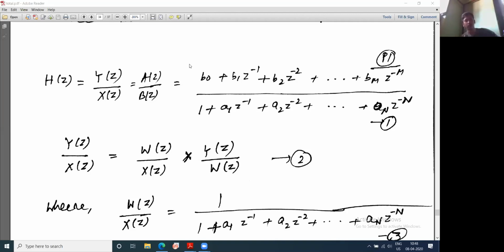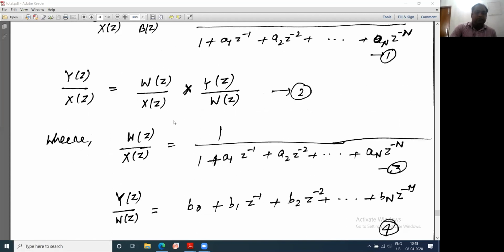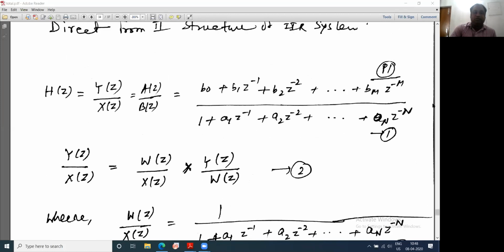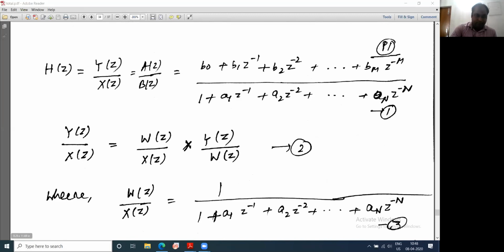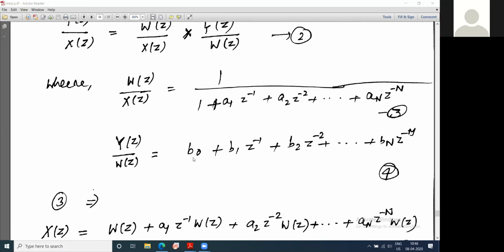Whatever steps we are doing will justify later in the derivation that this reduces the hardware. The ratio Y(z) by W(z) equals H(z). Very good. Agreed? Everything is all right till now?